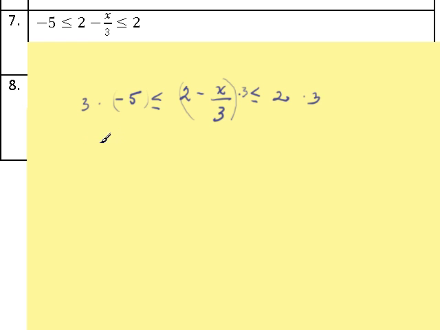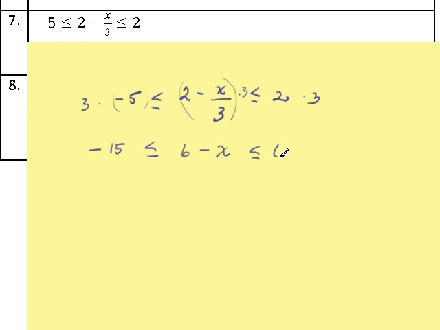Okay, so here on the left we have minus 15. Here, multiply 3, we get 2 times 3 is 6, minus, and when we multiply the next term, those 3's would cancel, and we would just get x. Okay, so we multiplied through by 3, we got 6, and then just x.